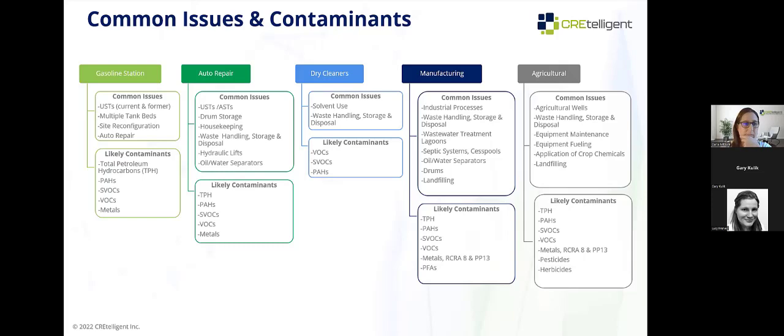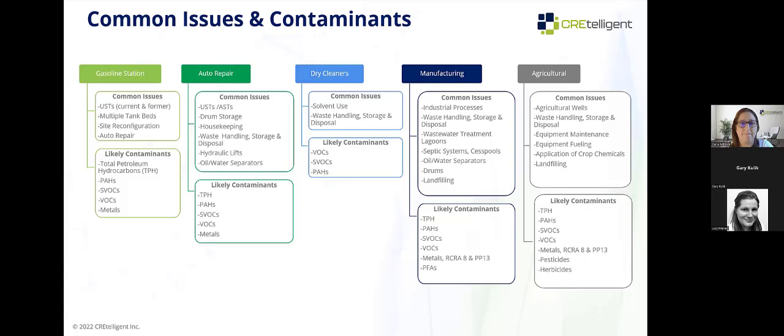PFAS. Just recently, actually last week, the EPA is now proposing to designate two of the PFAS chemicals as a hazardous substance under the CERCLA Act. This is going to have carry-on effects down to states, counties, cities, which will likely start requiring permitting and tracking of these two specific PFAS substances, which will carry on to the consultants.